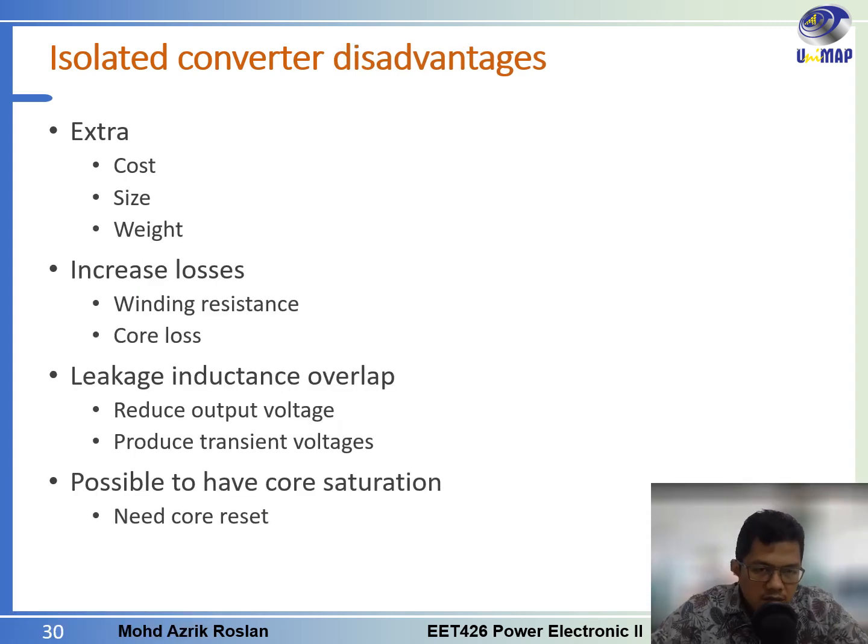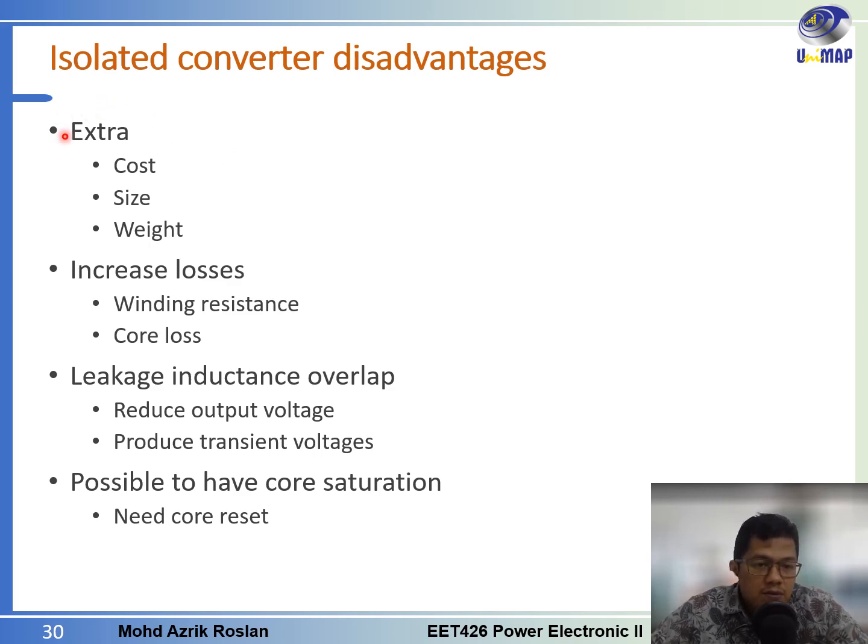Okay, previously we know the advantage of the isolated converter, but for everything in this world, when you have the advantage, you can also have some disadvantages. So for this case, when we have the isolated converter, we have to include the transformer.